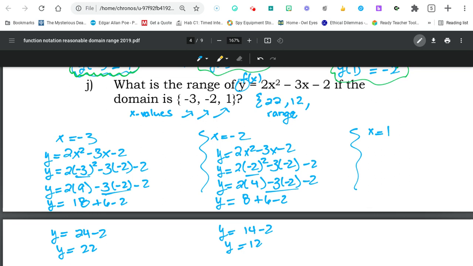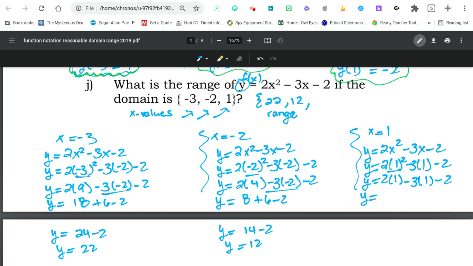And the last one, of course, plug in an x of 1. Write my function back down. All right, 2 times 1 squared minus 3 times 1 minus 2. Well, 1 squared is simply 1 times 1, which is 1. Write the rest of this back down.